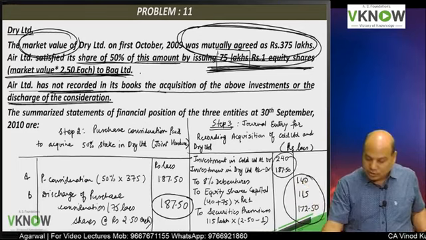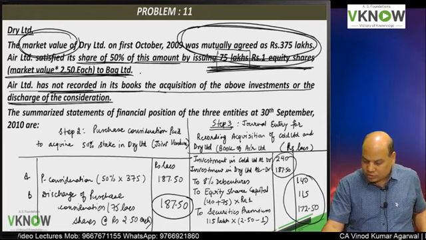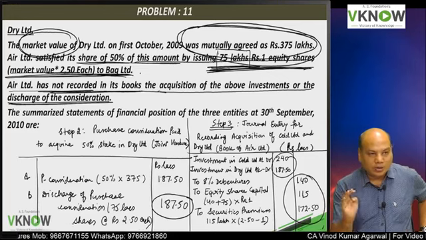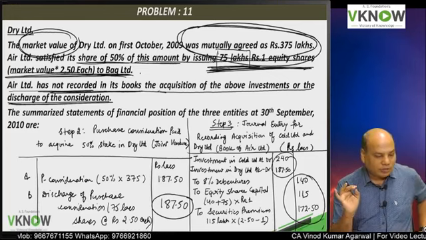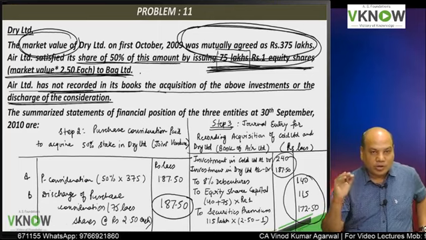These entries are passed in the books of Air. Air Limited share capital will increase, debenture, one new item, will come, securities premium will increase, and 2 investments will appear.